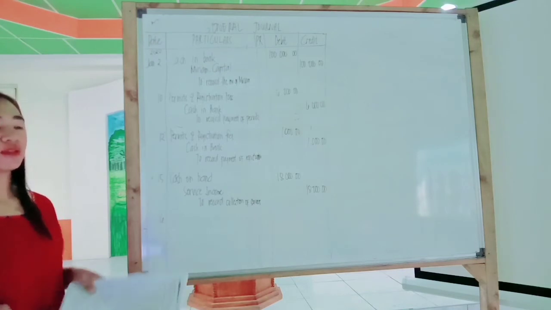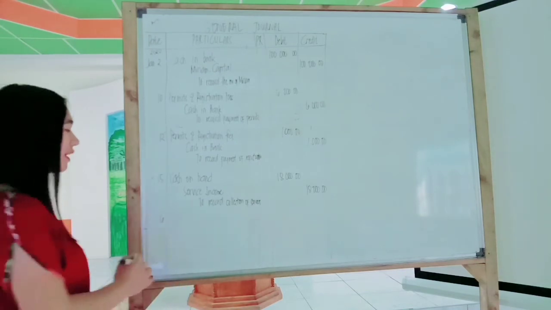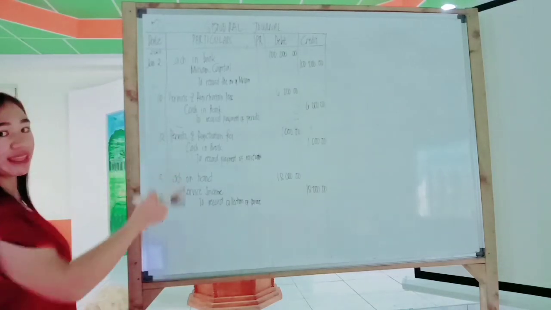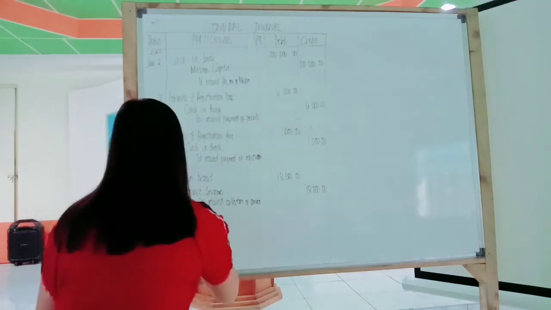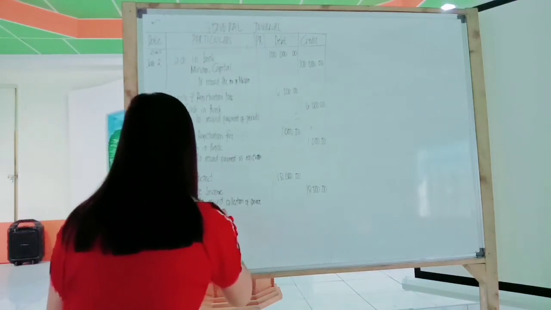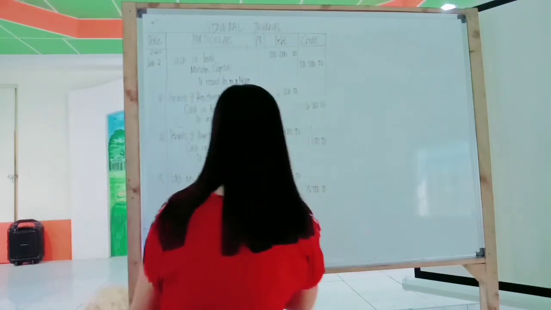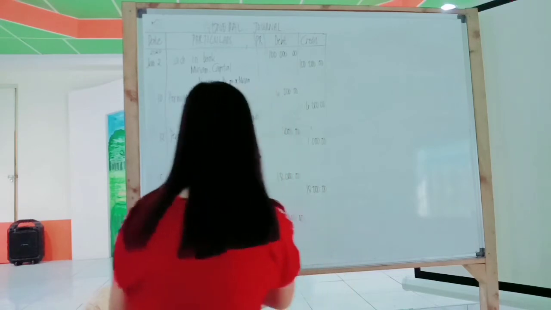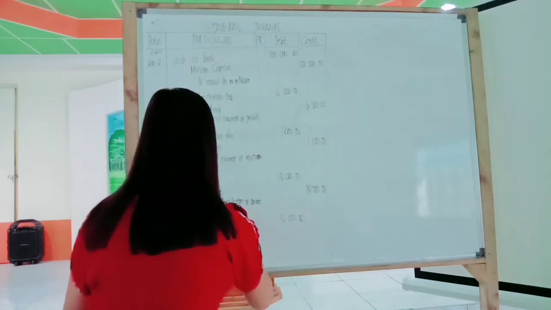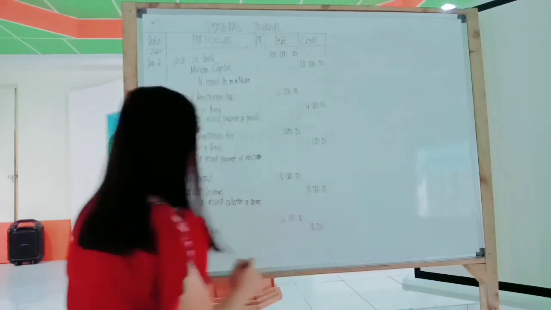Kinabukasan, yung nakolekta daw natin na cash, dinipasit natin sa bank. So, ang mangyayari, tatanggalin natin yung cash on hand, ililipat natin sa bank. So, cash in bank, debit, 18,000, and then cash on hand, 18,000.